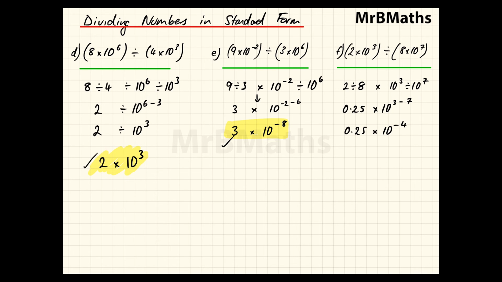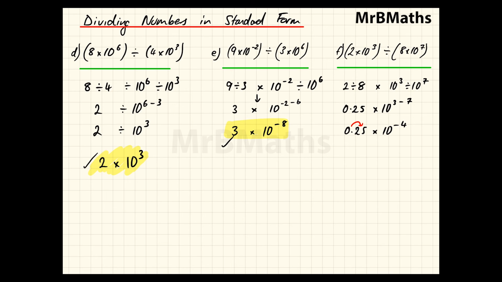Minus 4. Now again, before I jump ahead, this is not in standard form, it has to be between 1 and less than 10. So I need to take this decimal point and make it 2.5. I can't make it 25, it has to be less than 10, remember.